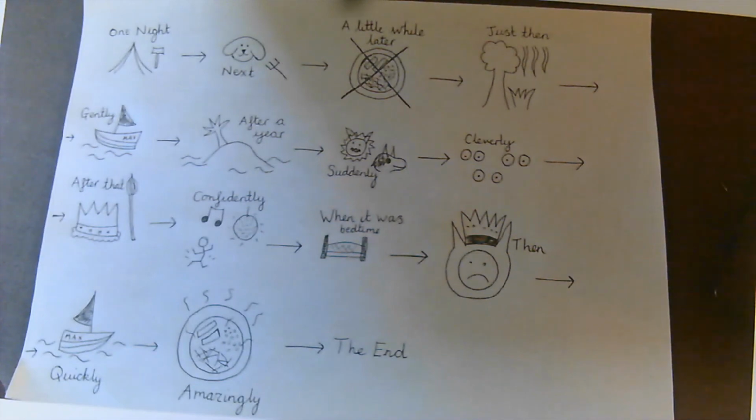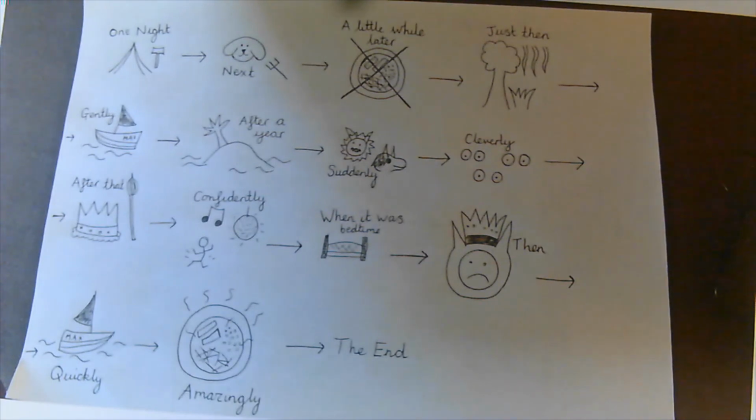Okay, welcome back. So you should have got to the end of your story now. You should have added adjectives or conjunctions for each one of your pictures, and you should be able to recite your story. That means to say it out loud over and over again so you can remember it.